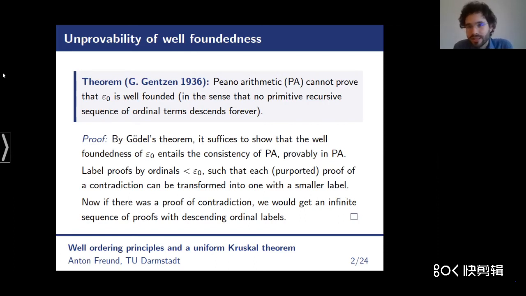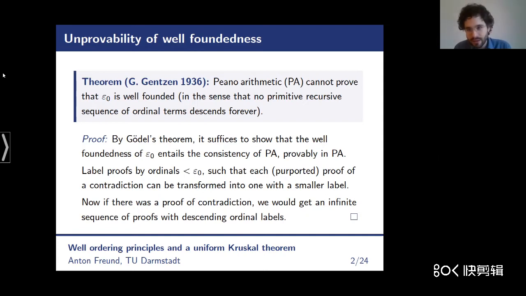And one question that has been and still is very influential and fruitful in mathematical logic is whether there are any natural statements with this property. So by natural, I mean statements that actually occur in mathematics that are not constructed by logicians, such as the consistency statement from Gödel's theorem.